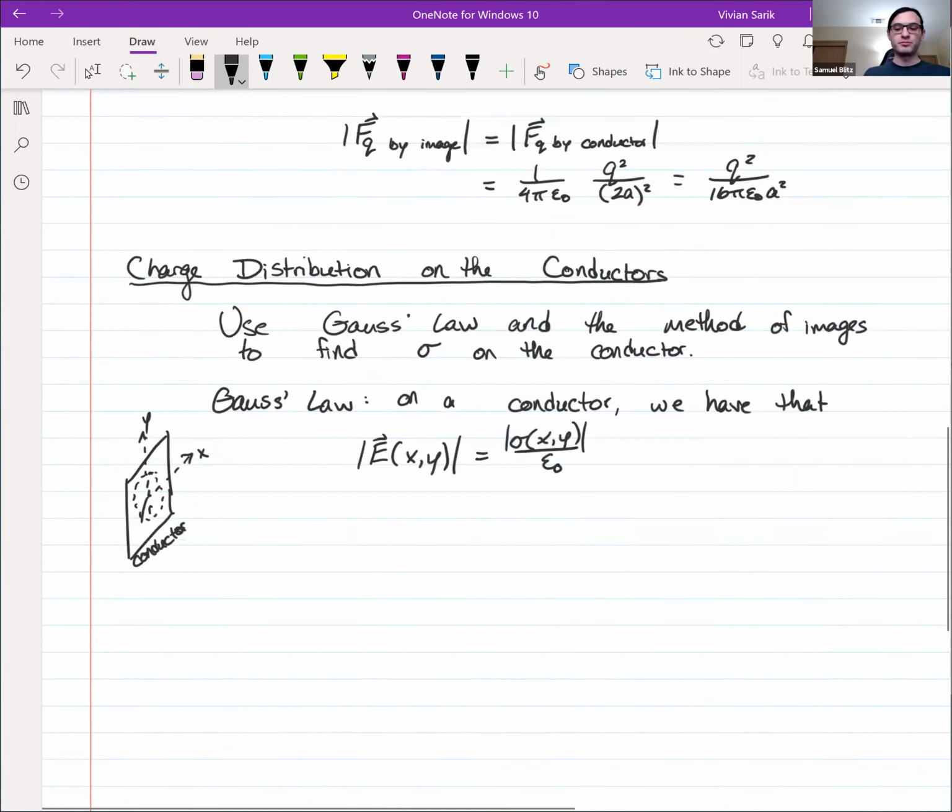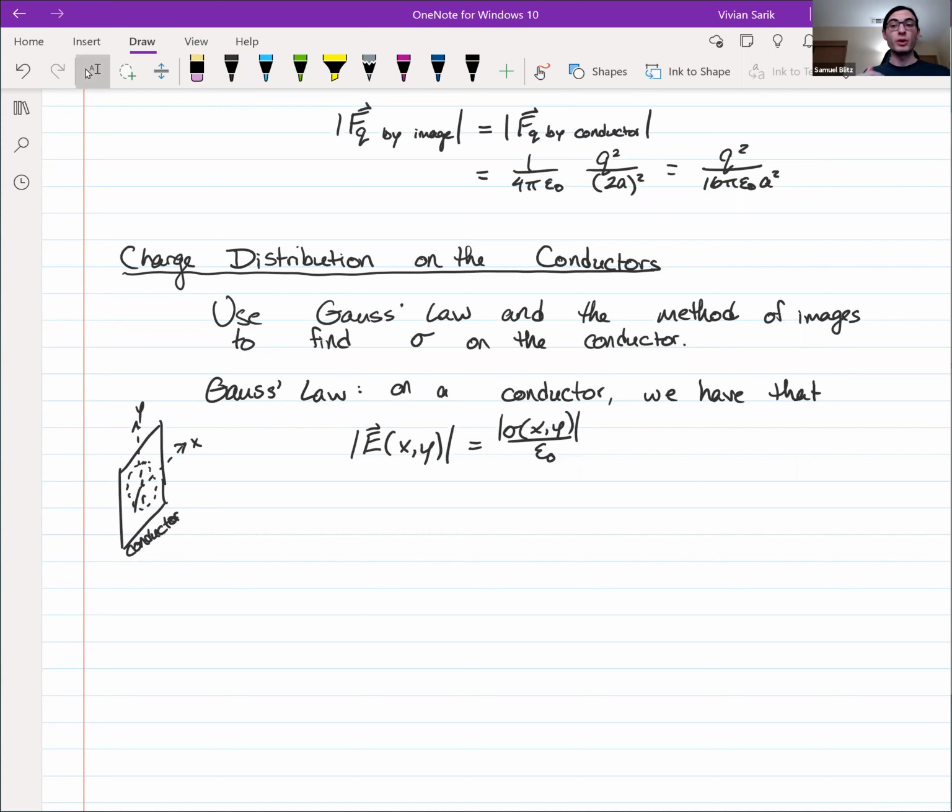So at this point, we know how to find the electric field somewhere on the conductor. All we have to do is use the method of images to find that. So we want to find sigma of x and y, i.e. how many charges there are at a given place, or sigma of r, if it has cylindrical symmetry. Sigma is surface charge density. Remember that, we're going to use it for the remainder of this course.